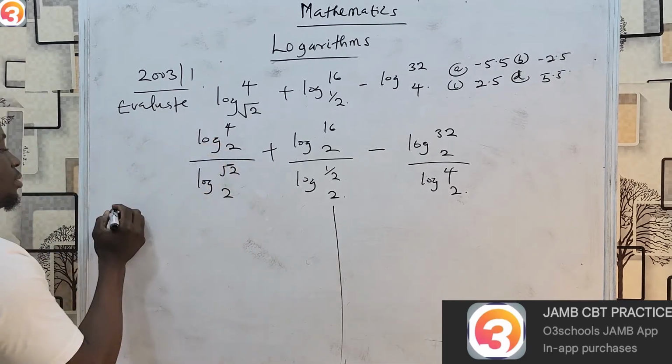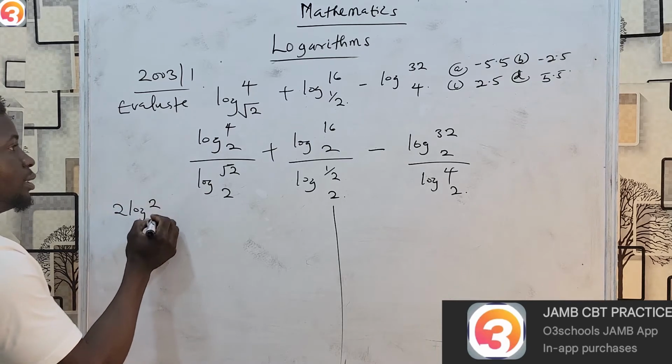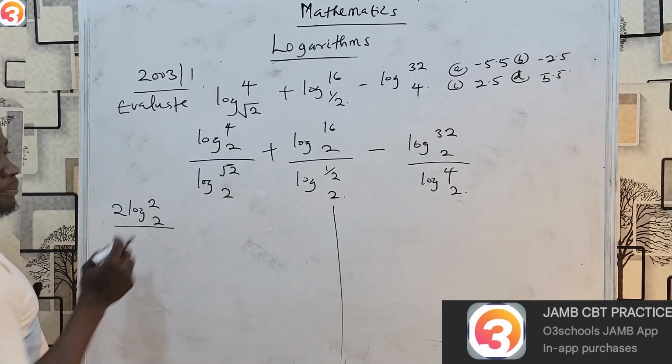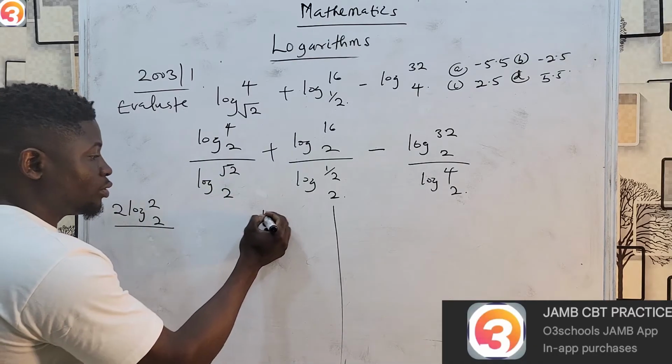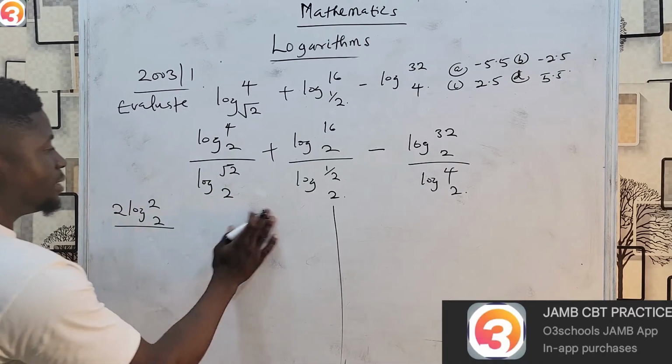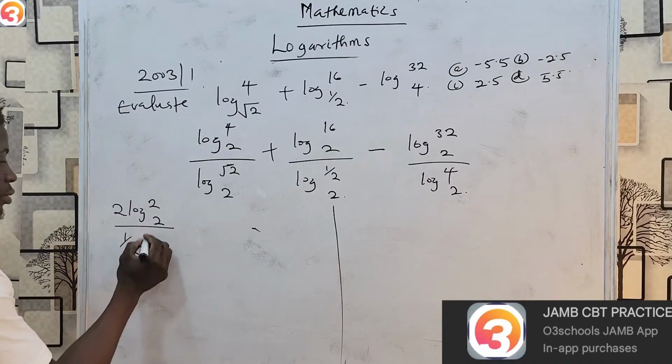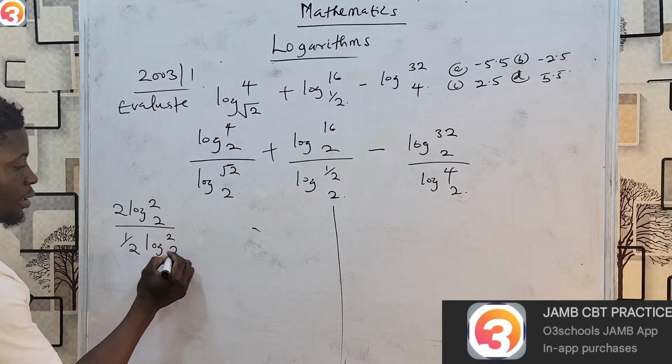Now this is the same thing as 2 log 2 base 2 over... What does root 2 mean? Root 2 means 2 raised to the power 1 over 2, isn't it? Yeah, so it's the same thing as 1 over 2 log 2 base 2.